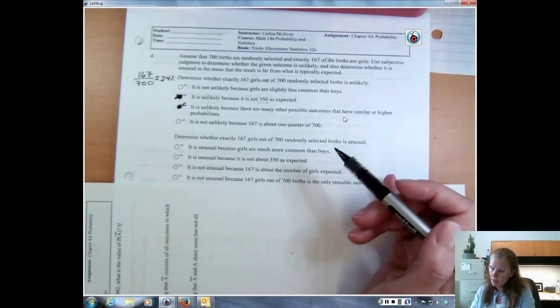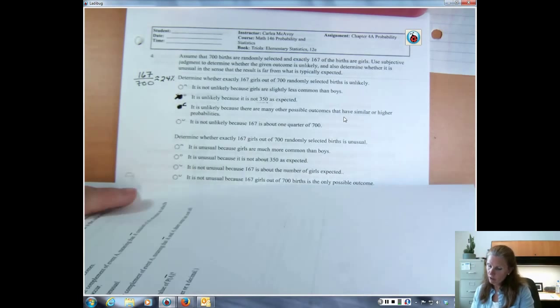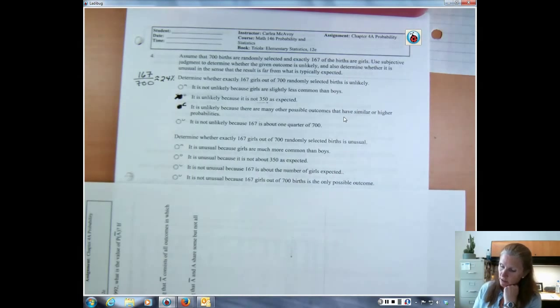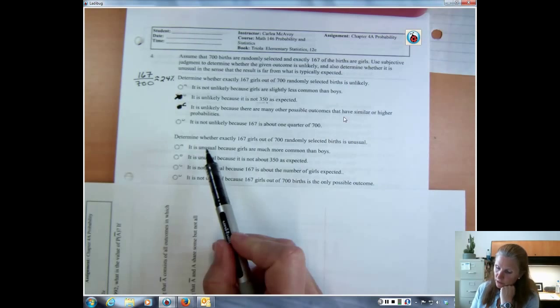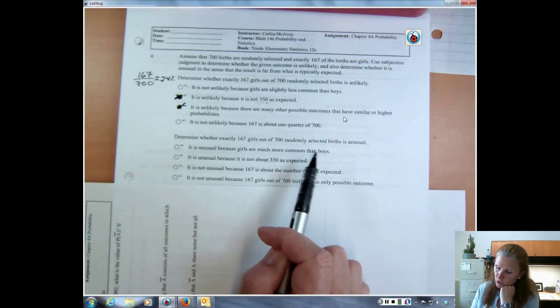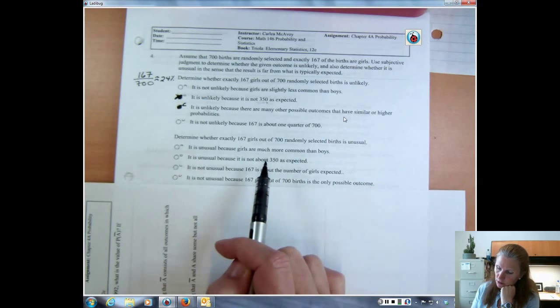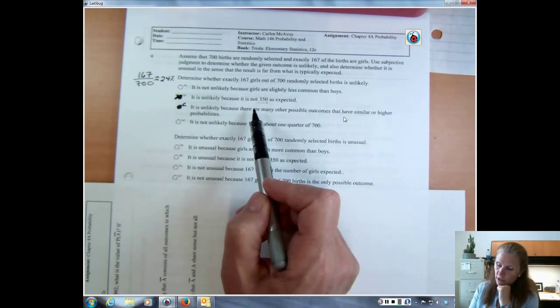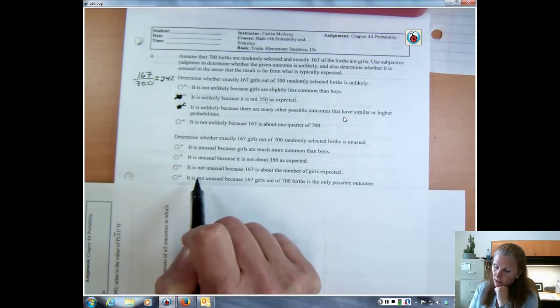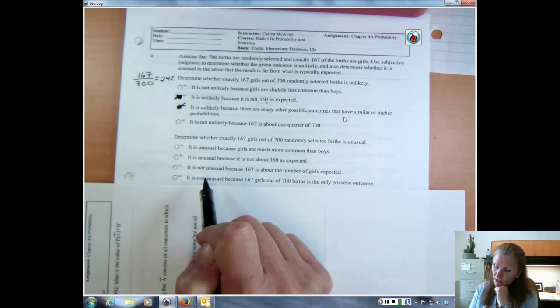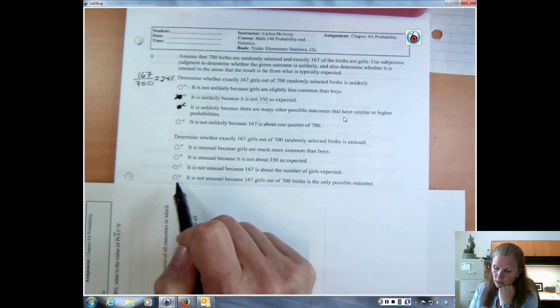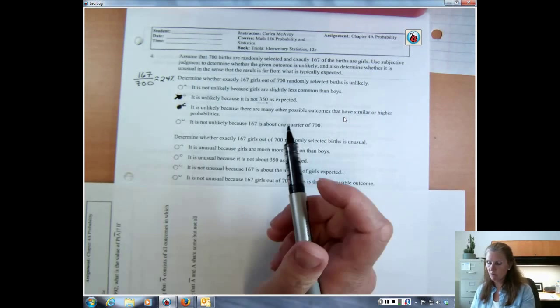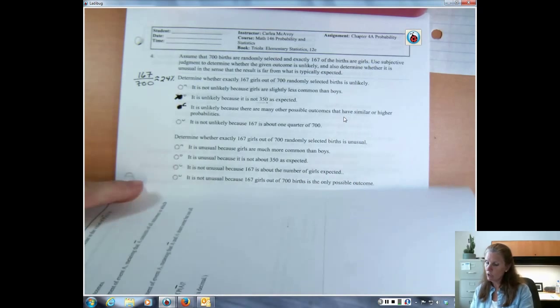Okay, I know what the answer is, so I'm trying to make sense of it. Determine whether 167 is unusual. Here I was kind of answering the unusual question. It's unlikely, because it is unusual, because it's small, right? 24% is an unusual occurrence.